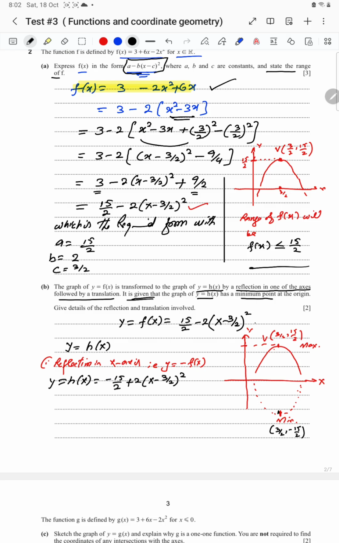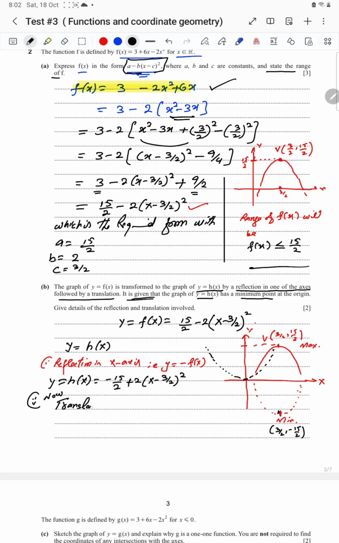Okay, now it's said that after reflection there is followed by a translation. Because the minimum point is going to be at the origin, it needs to be translated this way, so that the minimum point comes to be at the origin. So now for the second case of translation, you can translate.